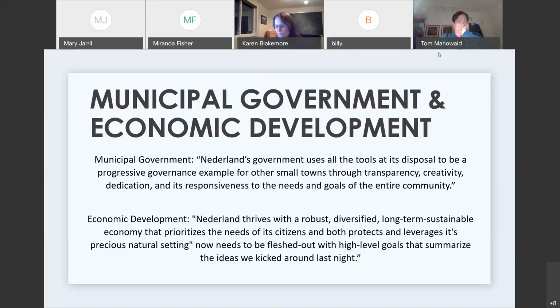Oh, instead of saying example for other small towns, I put in the word strives, which many people were talking about. So I started with the same Ned's government, and then maybe "use all the tools," and then instead of "to be progressive governance example," I say "to be progressive and exemplary in public education, access and participation." So I changed the next couple of words.